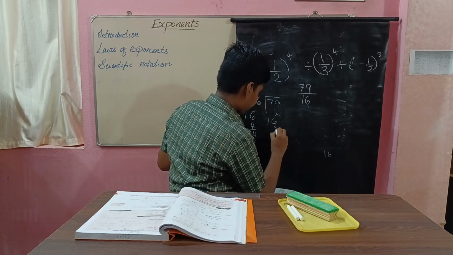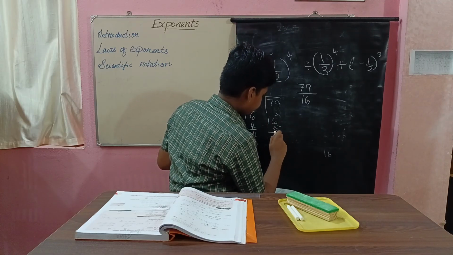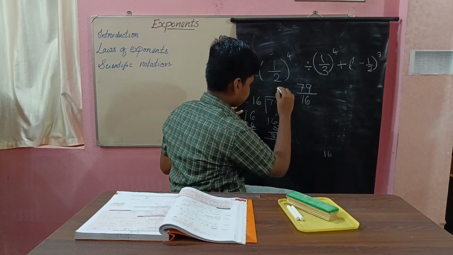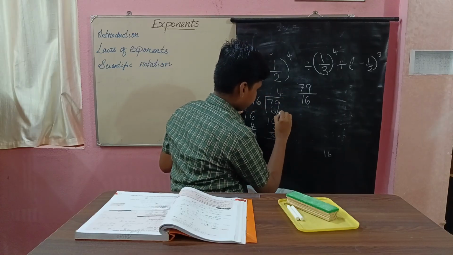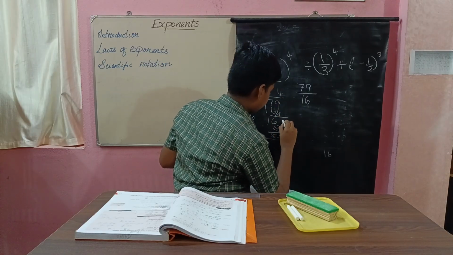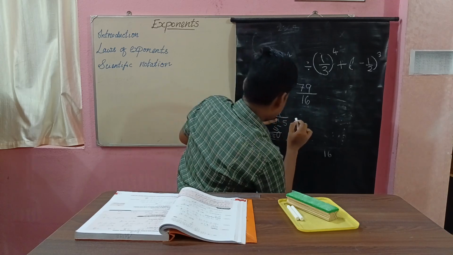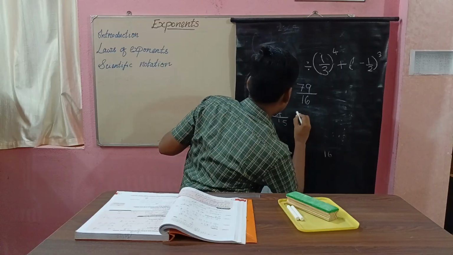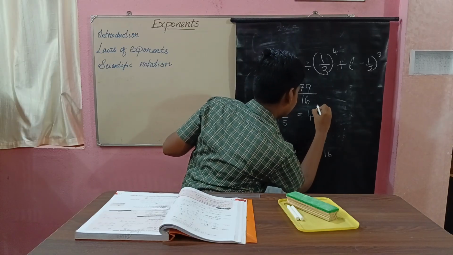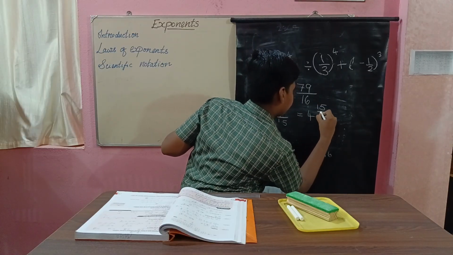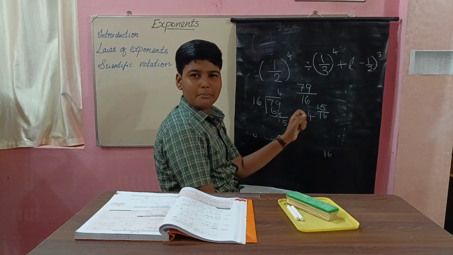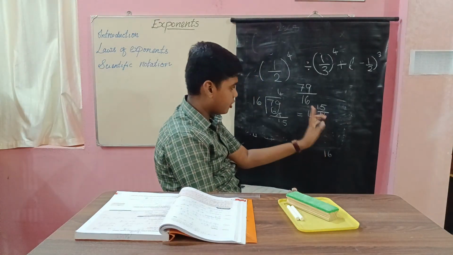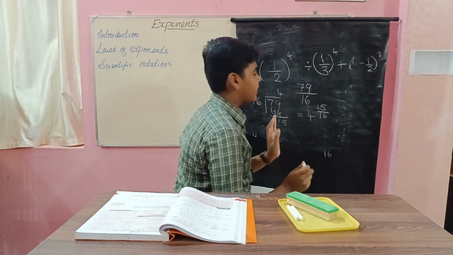Okay, and then 16 into 5 is 80. So 4 is good, by 64. And then 79 minus 64 is 15, and 4, 15 by 16. So are these two numbers divisible by any table? I think no. So the answer is 4, 15 by 16.